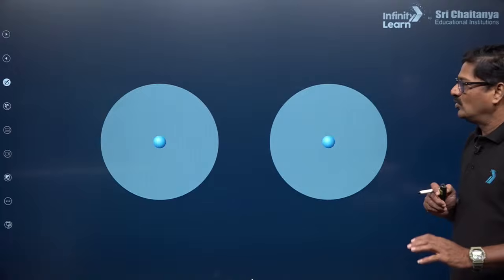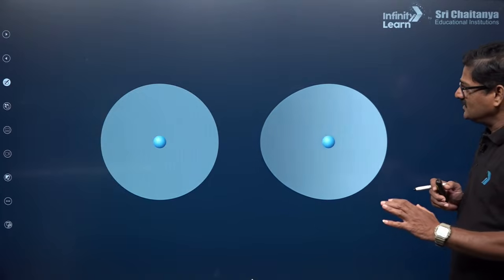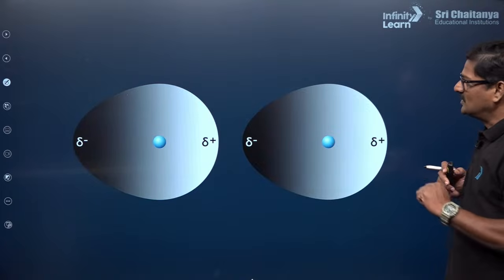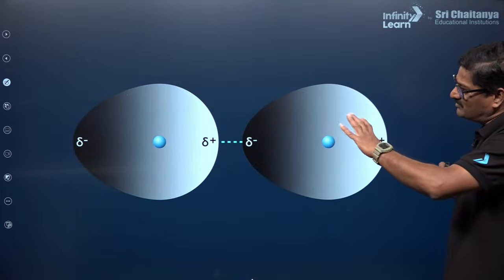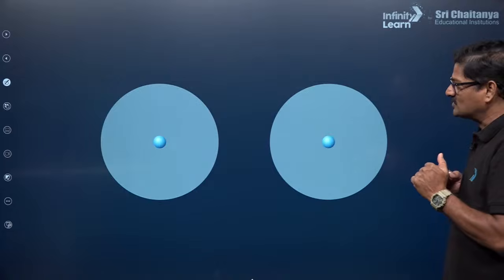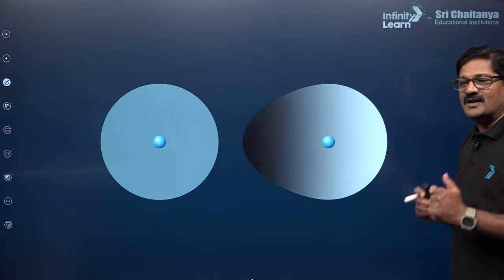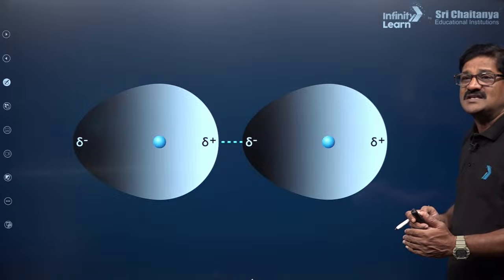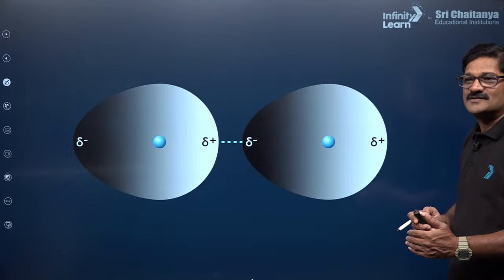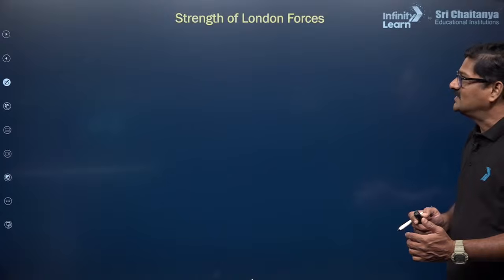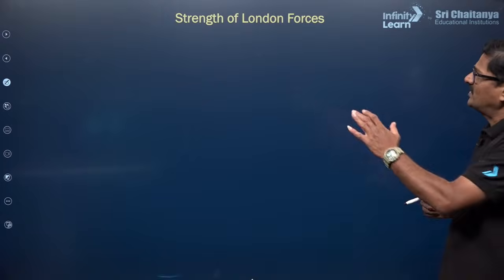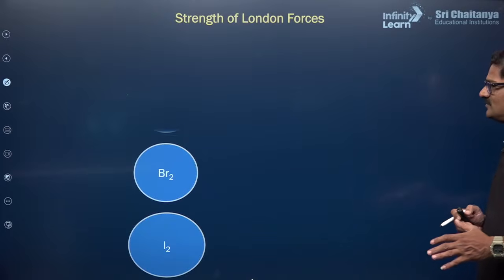Now what will happen? This molecule temporarily induces a dipole, so the other molecule also temporarily induces a dipole. That is called temporary induced dipole forces, also called London dispersion forces.